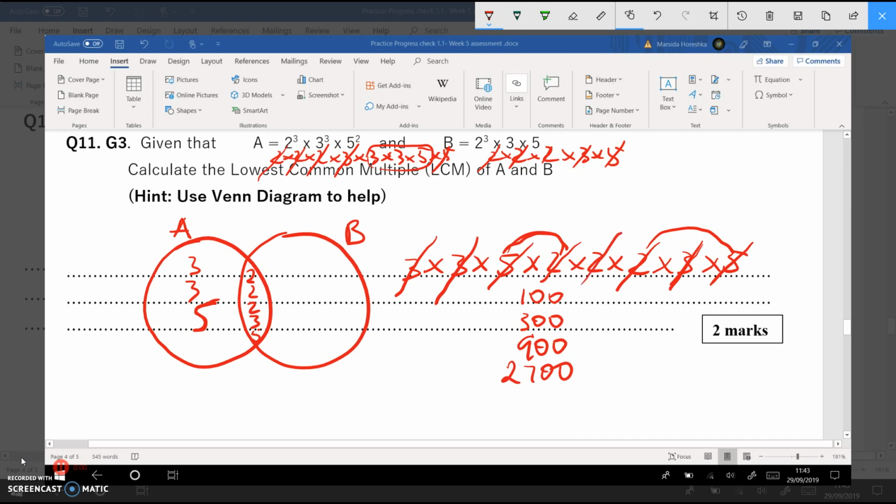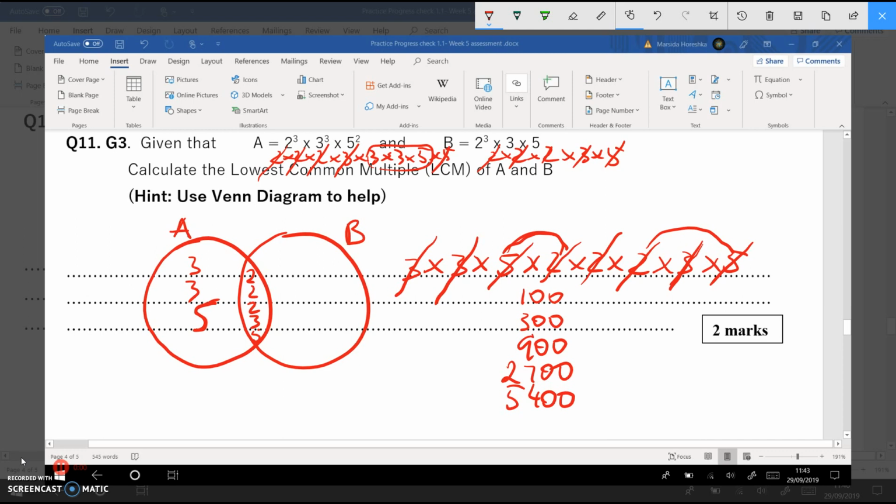And finally we have a 2, so 5,400. So trying to make tens is a trick, then eliminating the bigger numbers, so multiplying first by the bigger numbers, because that would be easier than multiplying big with big numbers. So that gives us 5,400, but we could have done the same thing without the Venn diagram.